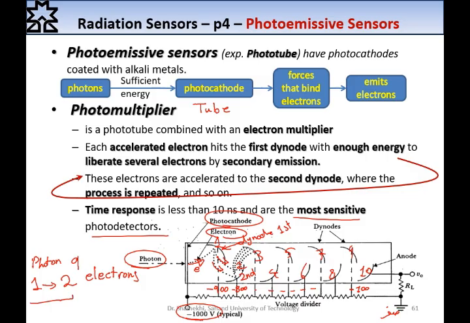But you should tell me, what is the source of this large number of electrons? What is the origin of these electrons? I answer this question. The source of this large number of electrons is this high electric field.